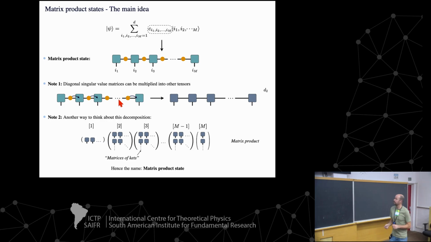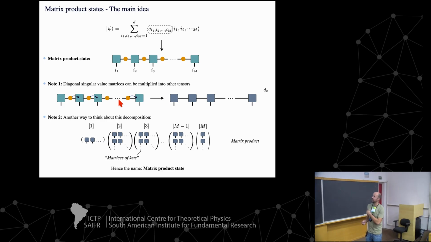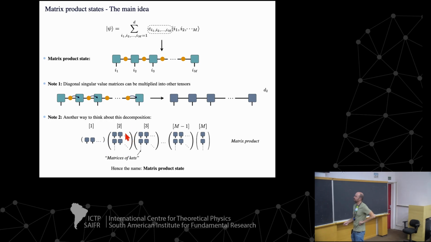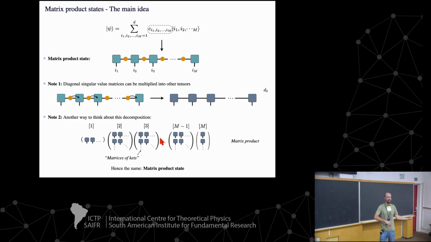The second comment is also the reason why it's called a matrix product state. All of these objects in here are 3-dimensional objects. They have 3 indices coming out. So another way to think about them is as a matrix of vectors. Imagine that you have these matrices here. They have some row dimension and some column dimension. One is the left index of the thing, and the other one is the right index.